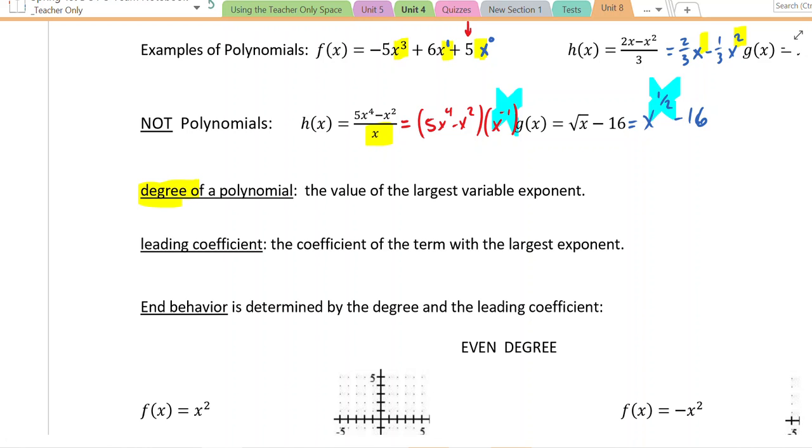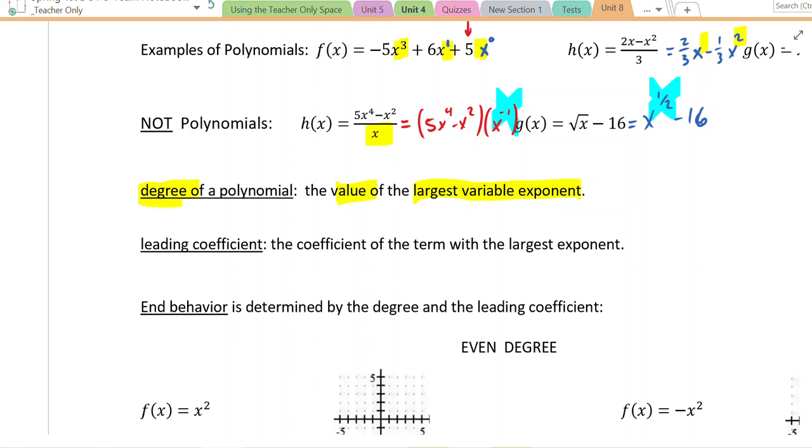And the degree, because we have to write a representation, the degree is that highest power, the polynomial term that has the largest variable component, especially the x. So what it's saying is the exponent.